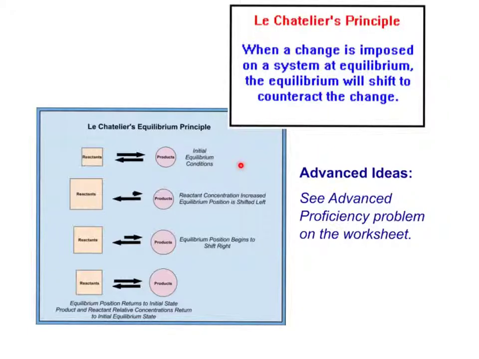We do something that makes a change. It shifts to the left, and here it's shifting to the left again, then begins to shift to the right a little more until it finally reaches equilibrium, and we have an equilibrium state that returns. It's not the same equilibrium position as this one, but it is equilibrium because the forward rate is equal to the reverse rate.